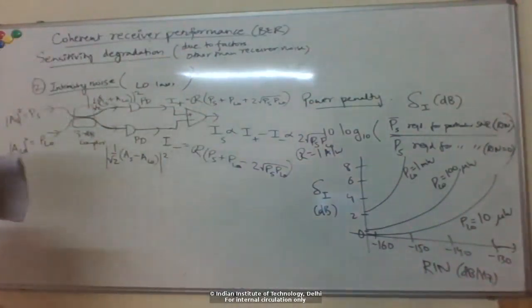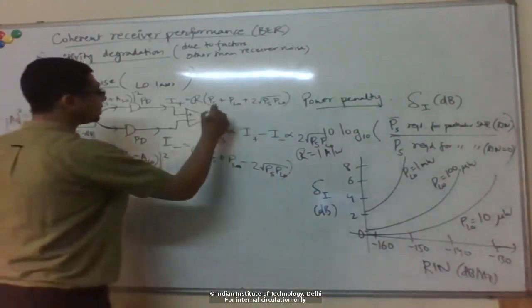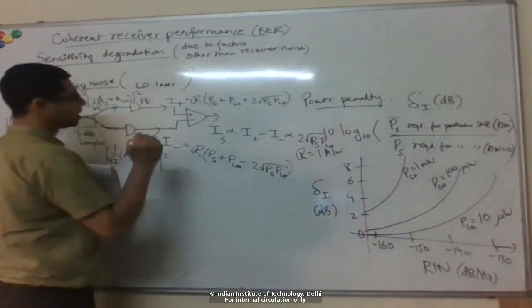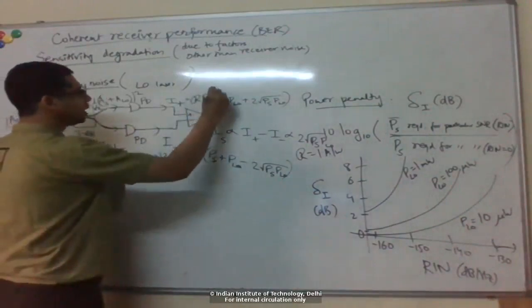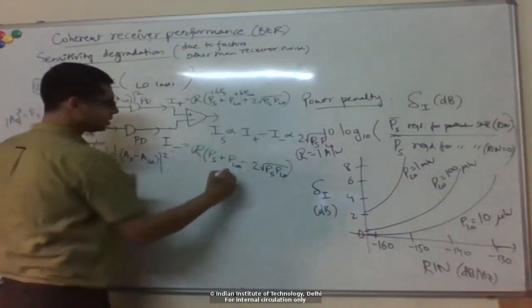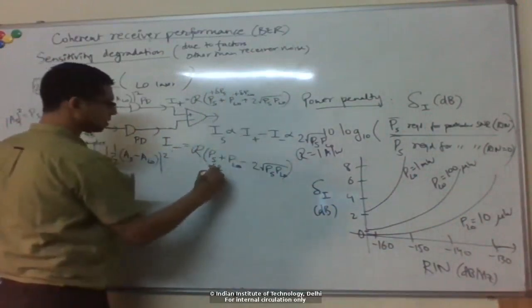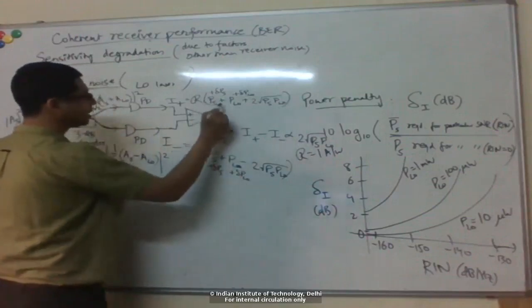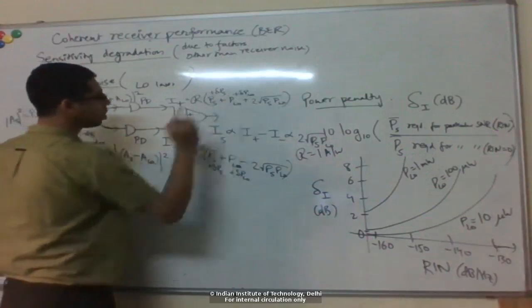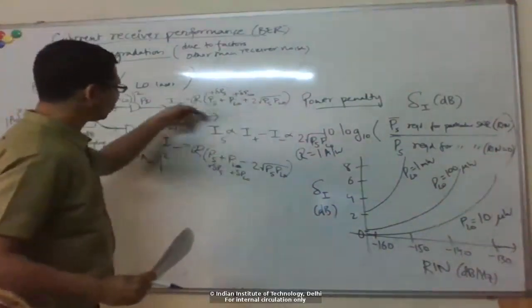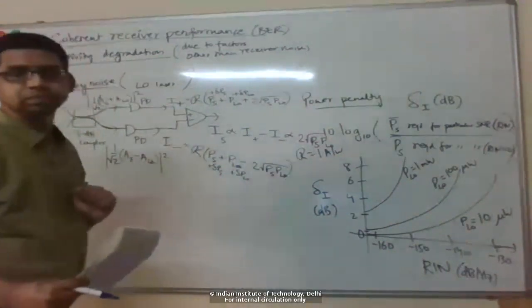And not only that, because it's rejecting the signal and the local oscillator power, right? It will also reject the noise along with these, right? So if I have any noise in the optical power of the signal or any noise in the optical power of the local oscillator, you can see that that will also get cancelled out, right?